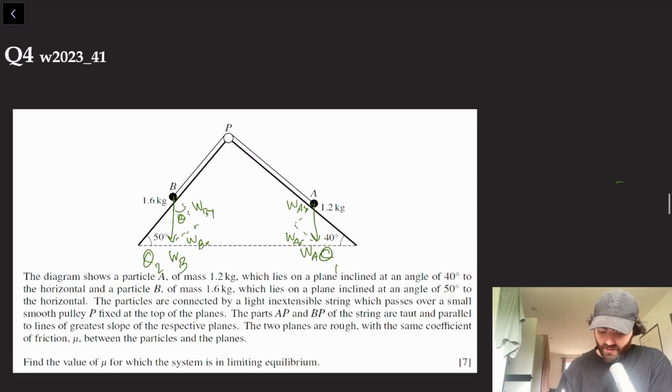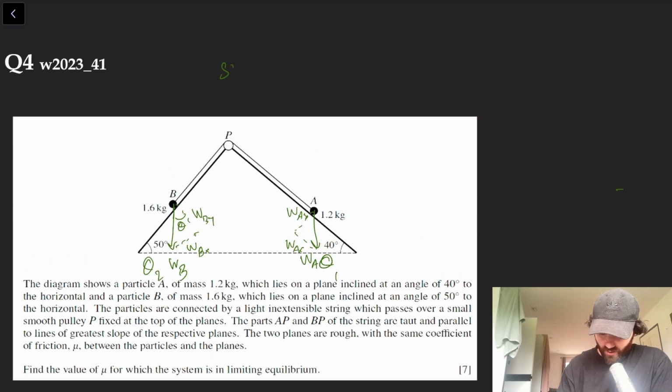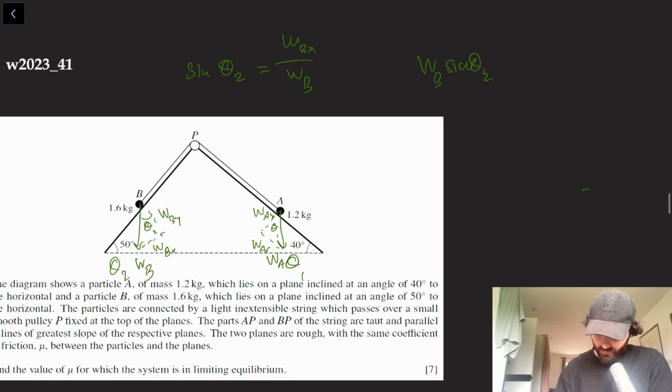For WBX, sine of theta 2 equals WBX over WB, so WBX is WB sine of theta 2. And the same thing for A: WAX is WA sine of theta 1.